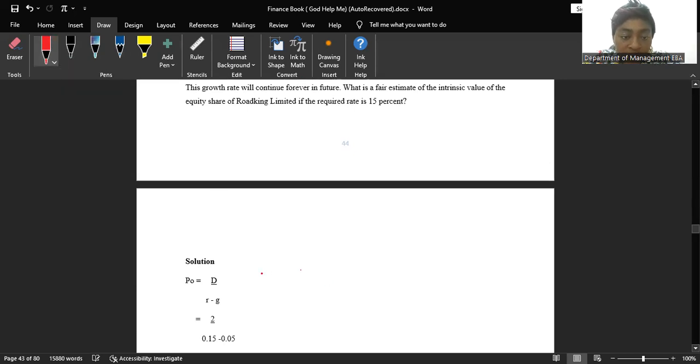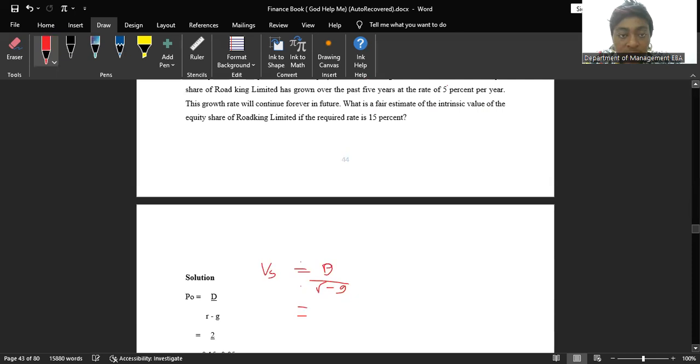That will be the value of shares is equal to this, right? Dividends over. So what are you getting? The dividend from the question, let us see the question.